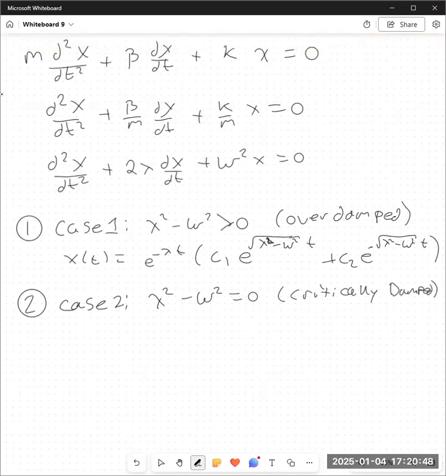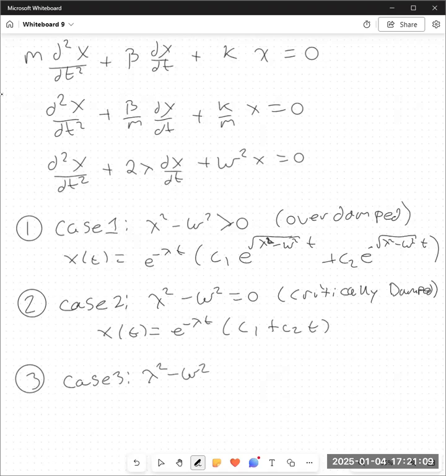And that solution is going to look like x of t is equal to e to the negative lambda t times c1 plus c2t. And case 3 is going to be when lambda squared minus omega squared is less than 0, giving us complex solutions, that's going to be underdamped.